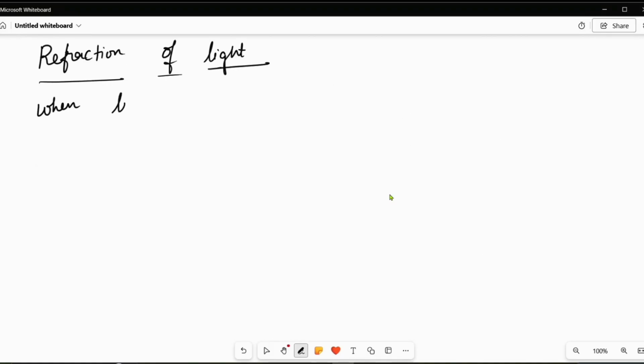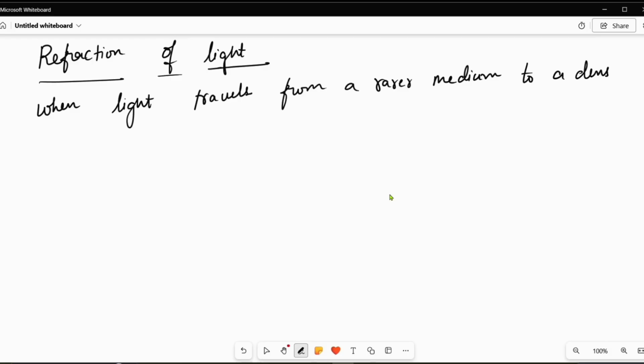When light travels from a rarer medium to a denser medium, light bends towards the normal.